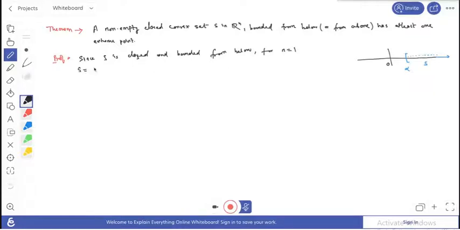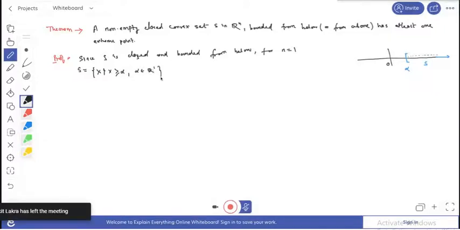So for n equals to 1, we take this closed set S, the collection of all x such that x is greater than or equal to alpha. And here alpha is a one dimension real number, so we can write R1.